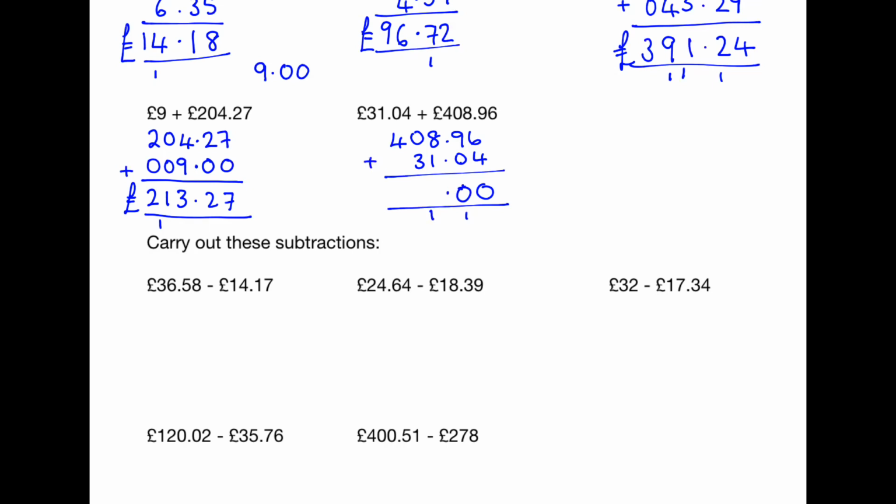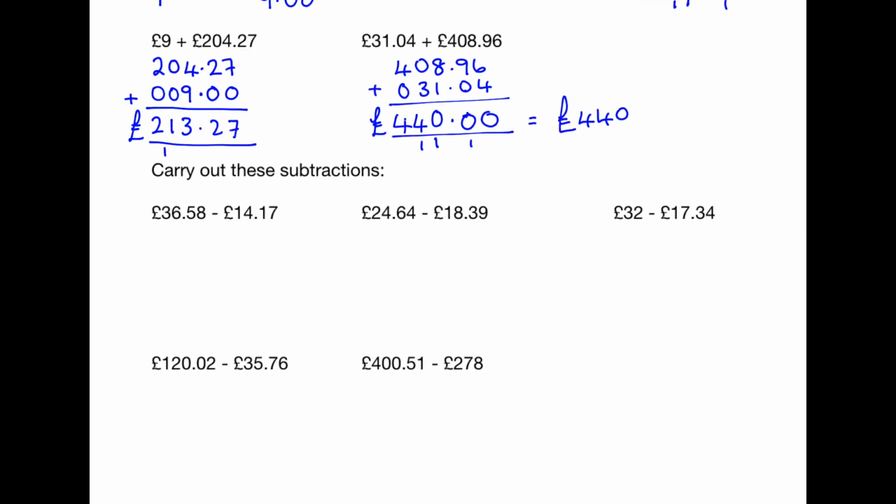Remember and keep the decimal points there. 8 add 1 add 1, also 10. 3 add 1 is 4, and 4, put 0 in there if you like. There we go. So £440, but remember, we could also write that as just 440. We don't need the 0.00 there. We can have it, it's absolutely fine, but we don't need it.